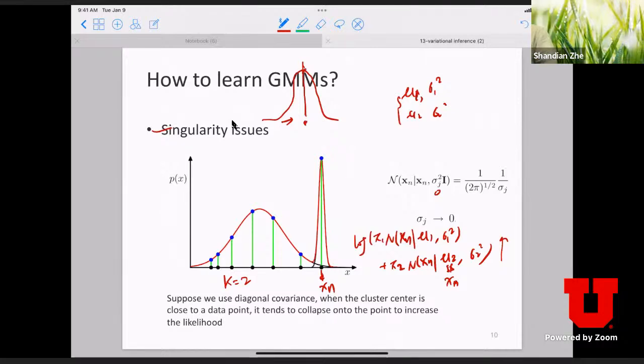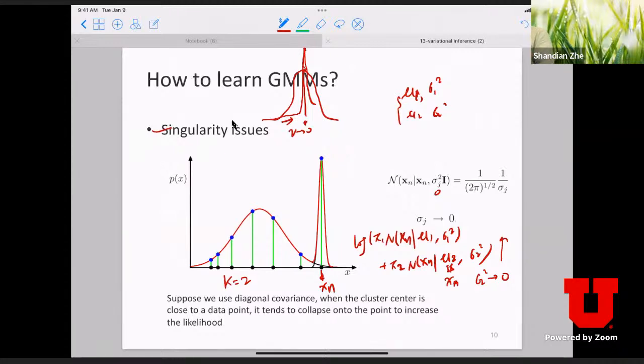In the limit, if you take the variance to be 0, it becomes a delta function, so the density becomes infinite. Similar thing is happening here. If mu2 is xn itself or very close to xn, in order to maximize the likelihood, there is a tendency to make sigma 2 closer and closer to 0.